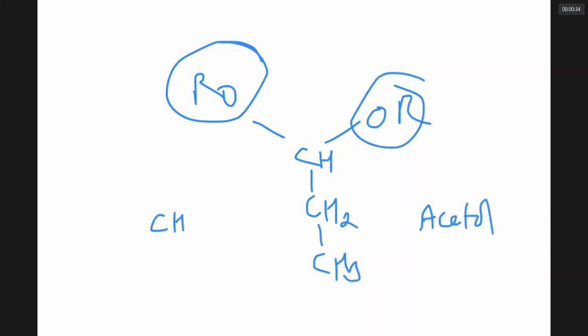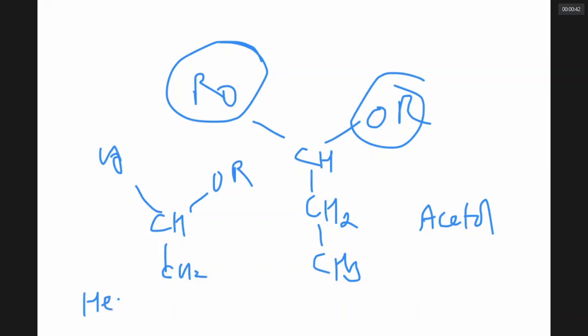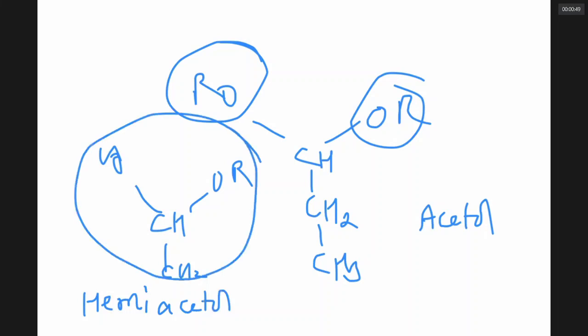If a carbon is linked to one OH group and one OR group, then this is called a hemiacetal. The hemiacetals are formed because of the reaction of aldehyde with diol. The acetals are formed because of the reaction between ketone and diol.